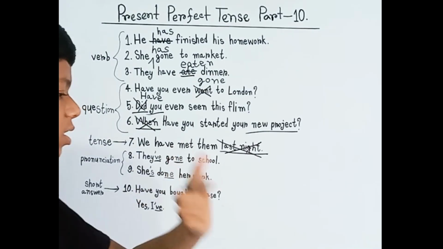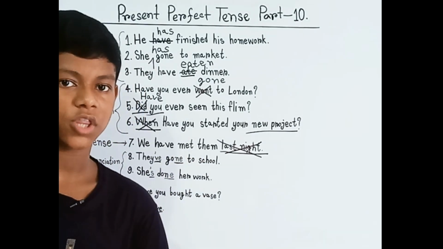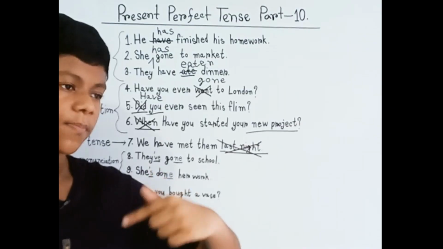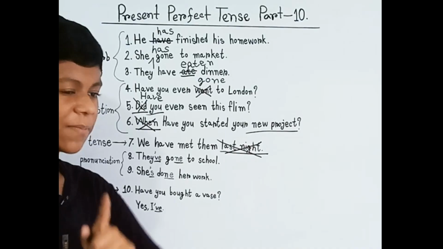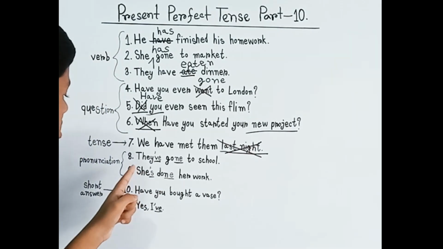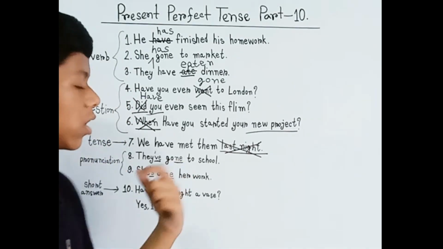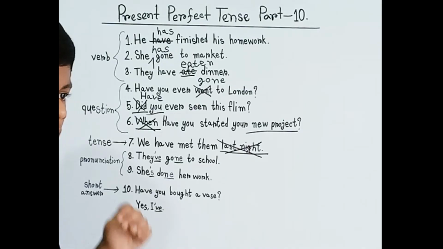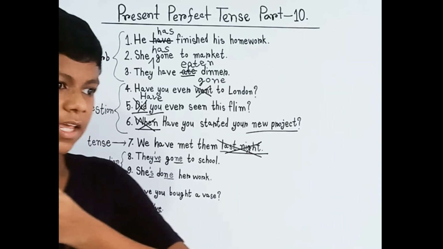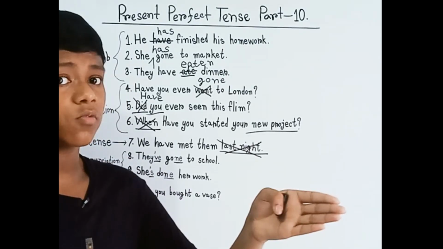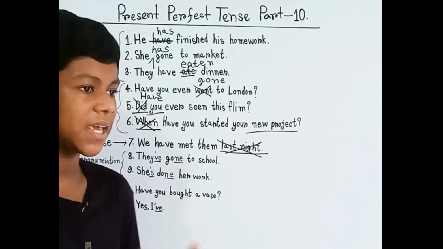Sometimes our pronunciation is wrong. "They've gone to school." Then that person can understand you are indicating the present perfect. Same here. If anybody says "she do her work" quickly, sometimes time runs quickly and the person may not understand, and they may think you are speaking wrong.